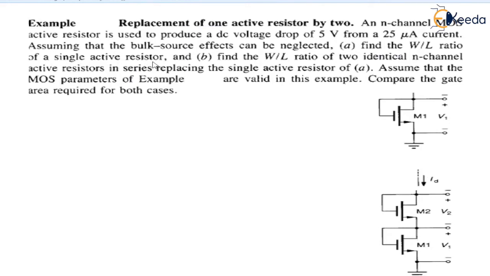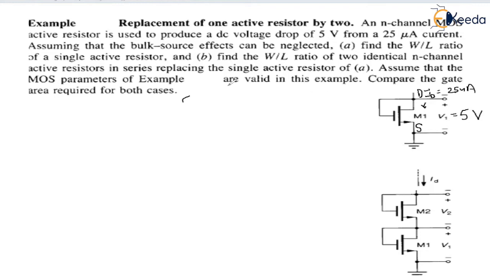In this NMOS transistor, this terminal is the source, at lower potential, and this is the drain. Current ID is defined as 25 microampere, where V out, or we can say V1, is given to be 5 volt.